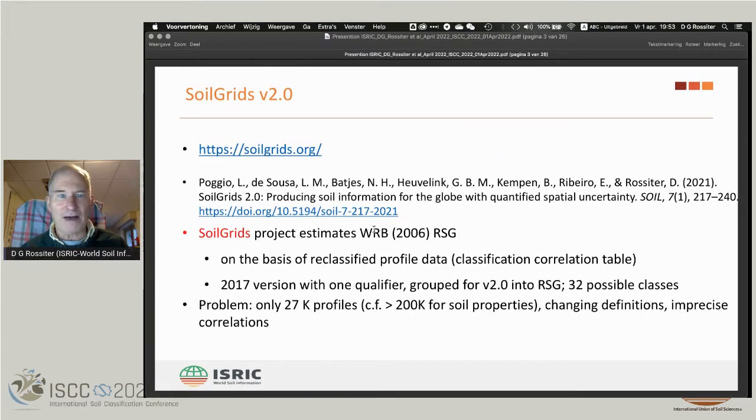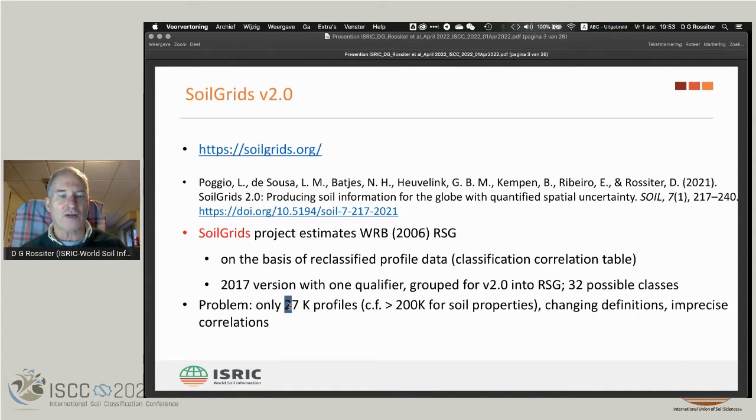A little bit about SoilGrids, just so you know. This is the product we're talking about. You can go look at it. This is our latest paper. In this, we have decided to only predict reference soil groups of WRB 2006. In a previous version, we tried to look at the various qualifiers, but there were lots of problems.